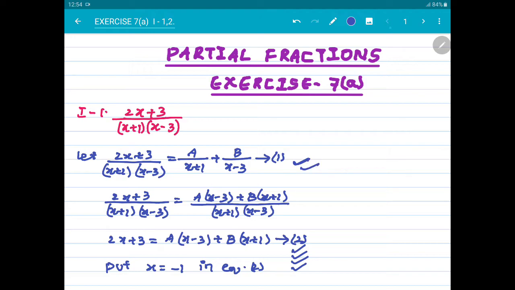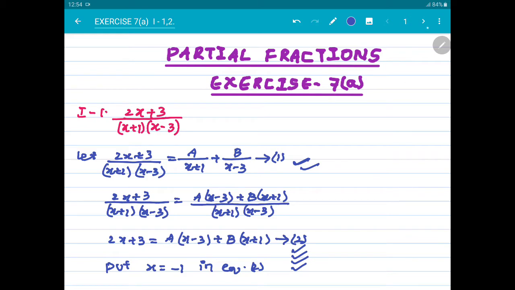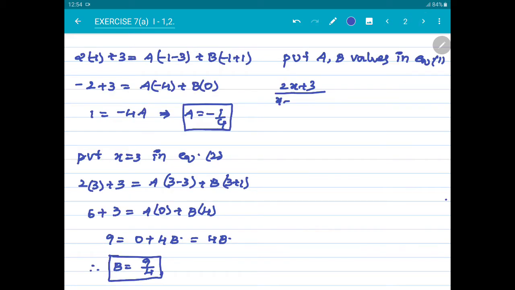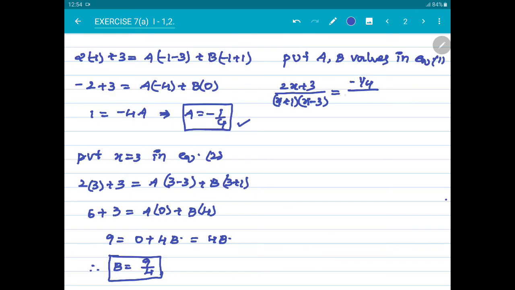On the left it is the same, (2x + 3)/((x + 1)(x - 3)). On the right, in place of a we substitute -1/4, divided by x + 1.